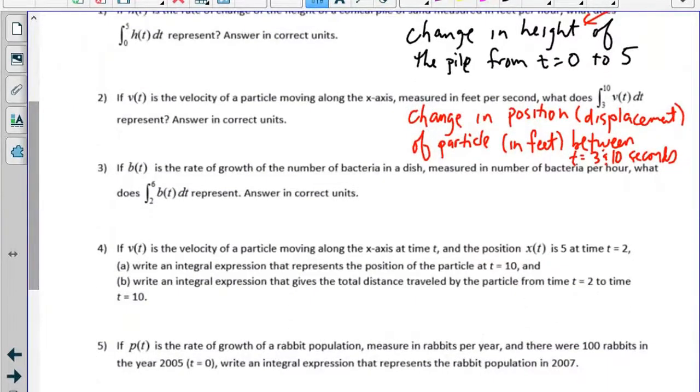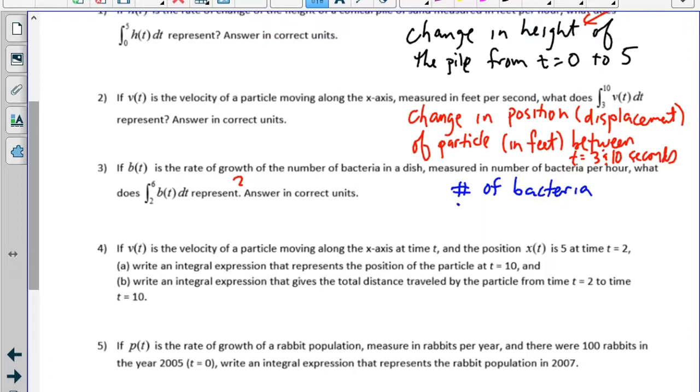Number 3, if b of t is the rate of growth of the number of bacteria in a dish measured in number of bacteria per hour, what does the integral from 2 to 6 of b of t dt represent? Answer in correct units. So if we have b of t, and this is the rate of growth of the number of bacteria measured in bacteria per hour, the integral is going to be the actual change in the number of bacteria.